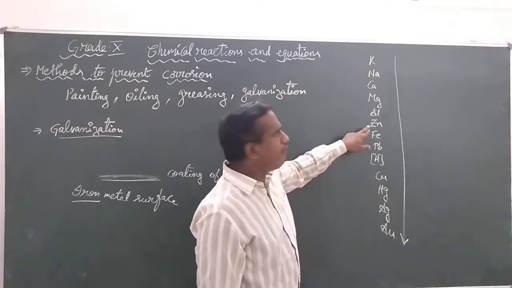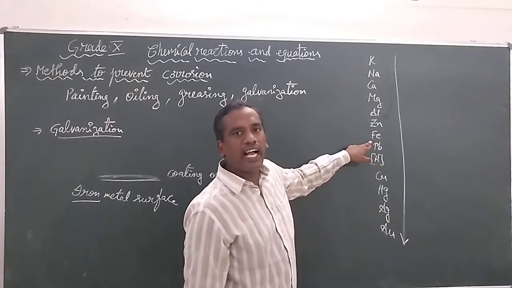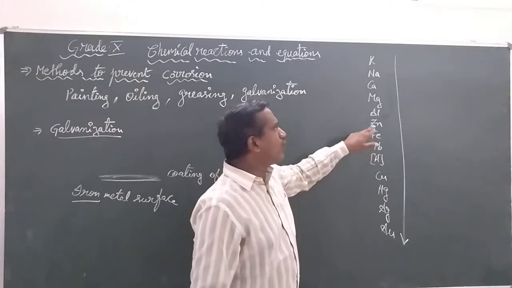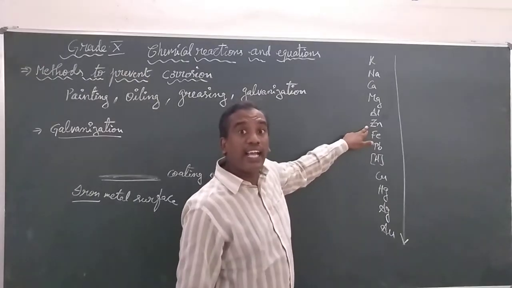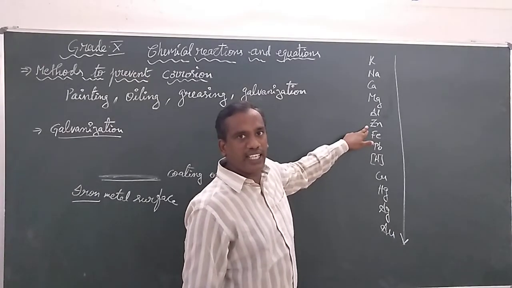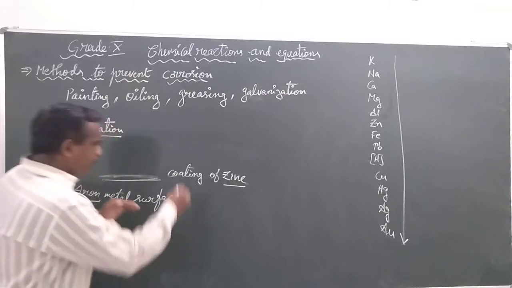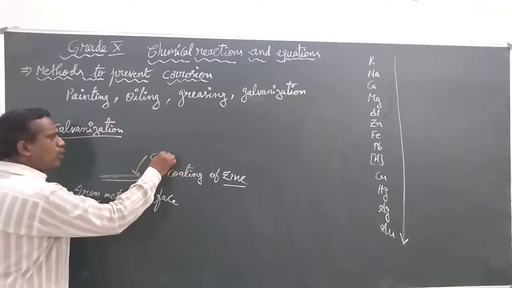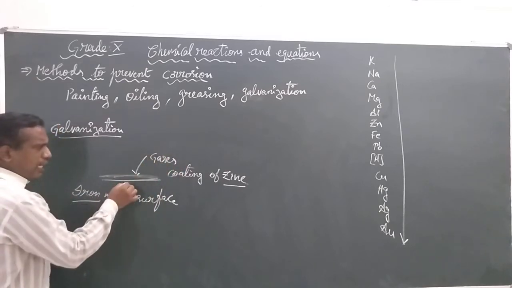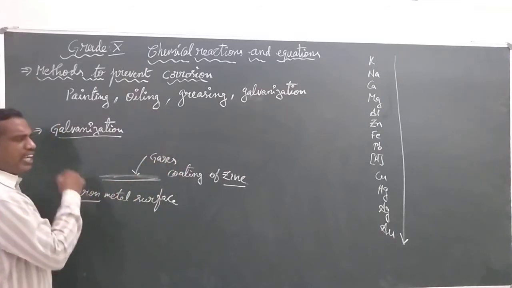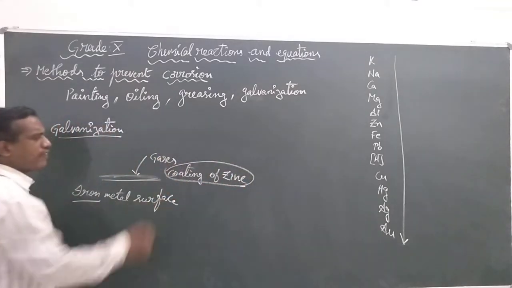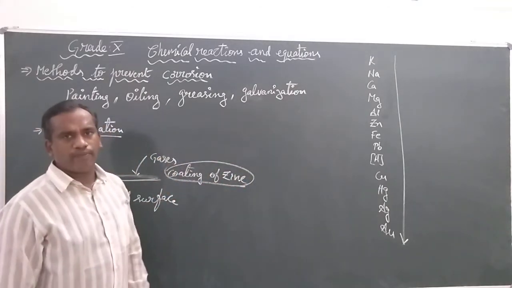Whenever we observe iron undergoing corrosion, we coat the iron with a more reactive metal, zinc. It means whenever the atmospheric gases want to contact the surface of iron, first of all they contact the surface of zinc.